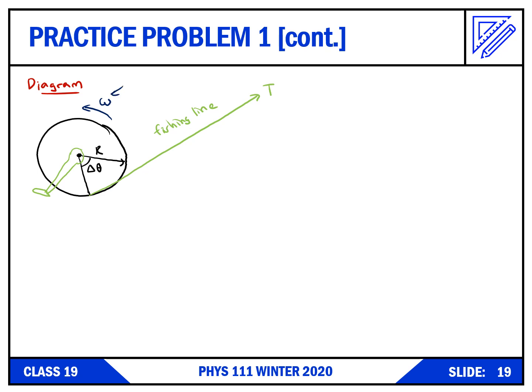We're told that it starts from rest, so omega 0, or omega i for initial, is 0, and we want to find omega f at some point. The other important thing to remember is that the tension coming from the fishing line is probably going to be at a right angle to the spool itself.